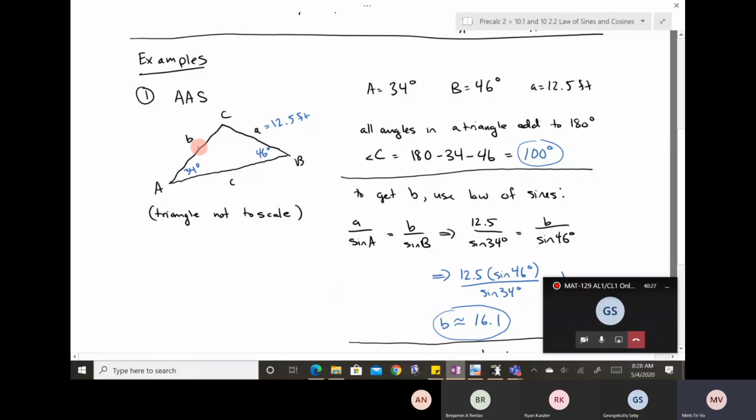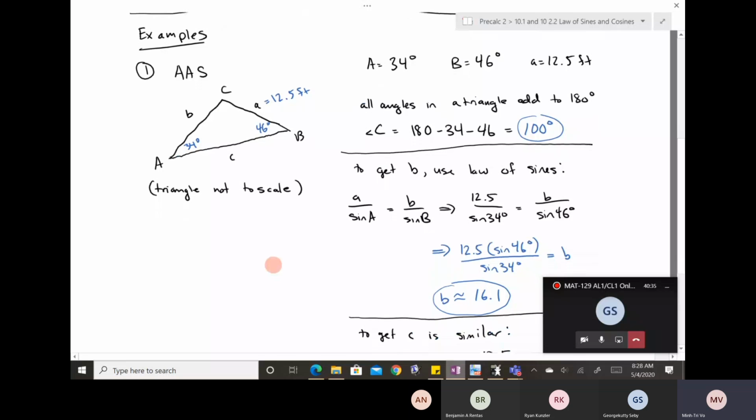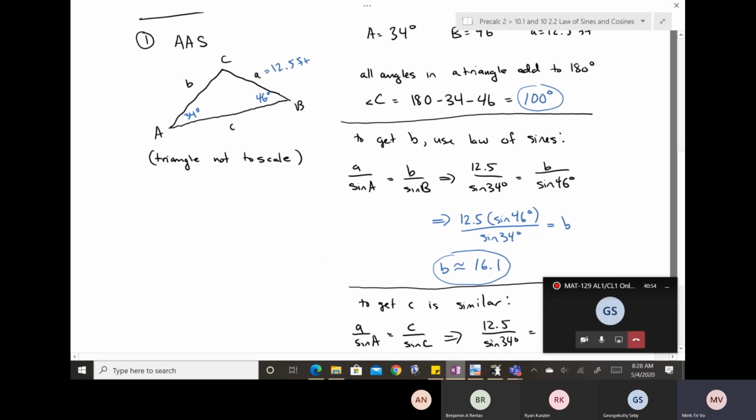Now for sides B and C, this is where we use the law of sines, right? Because side A and angle A are the ones where we have complete information, when we calculate B and C, we want to relate it to side A and angle A. So here I've used the law of sines involving A and B. This is the formula, and then I just plug the information in.